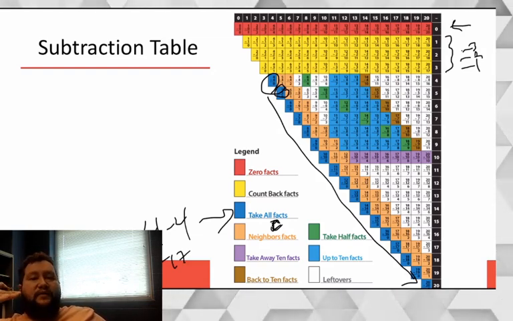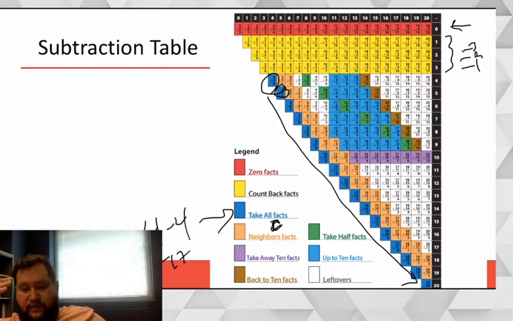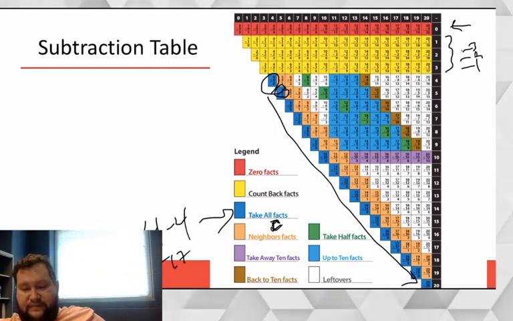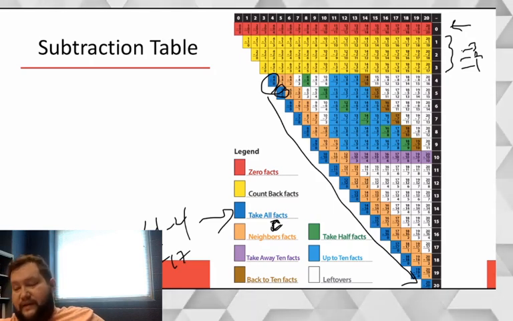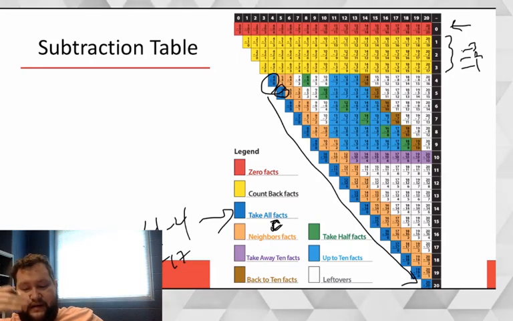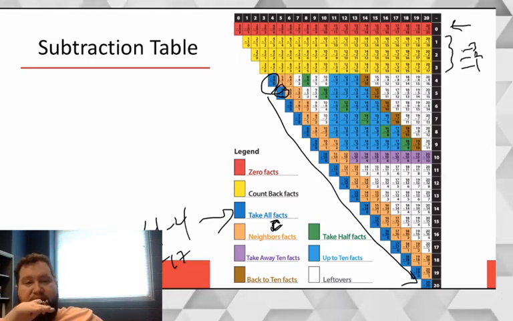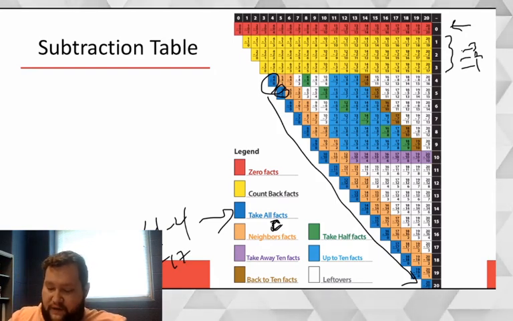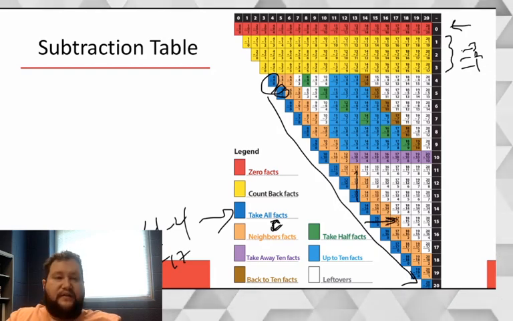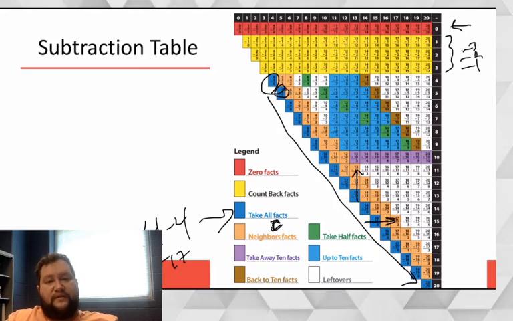So our neighbor facts are the ones that are close to the take all, right? So if you have 17 minus 17, that's none, but if you have 18 minus 17, well, that's almost all of them. You have 1 left over. Or 19 minus 17, you have 2 left over, and so on, right? So you could think of it either as going across, or perhaps thinking of it this way. 13 minus 13 is 0, 13 minus 12 then is 1, and 13 minus 11 is 2, right?